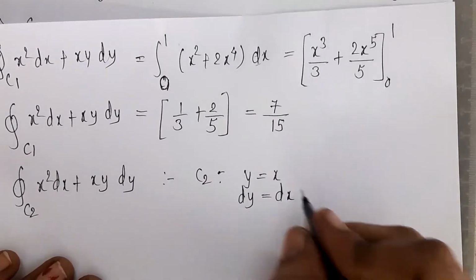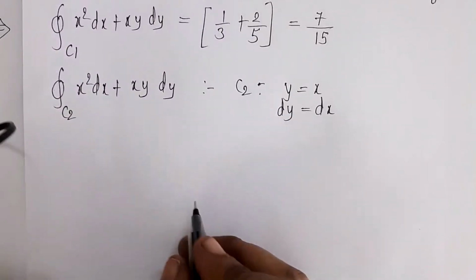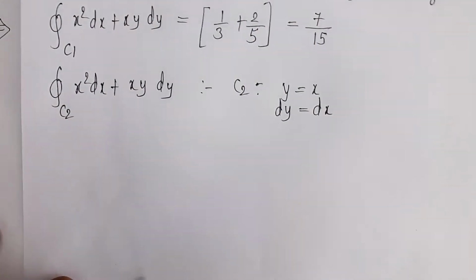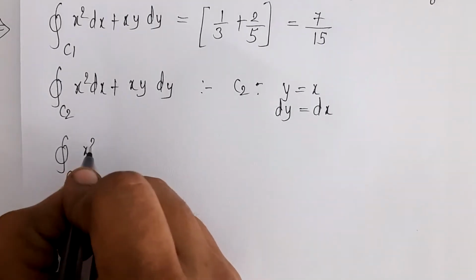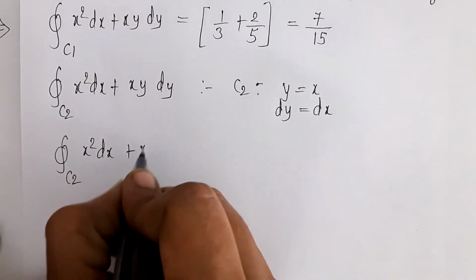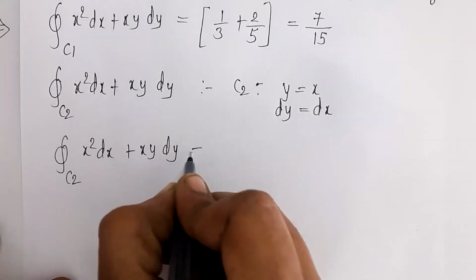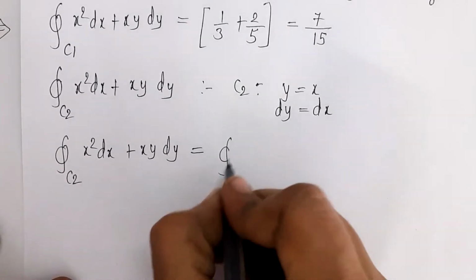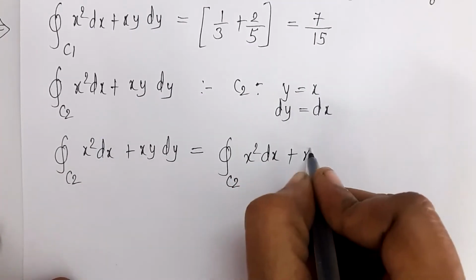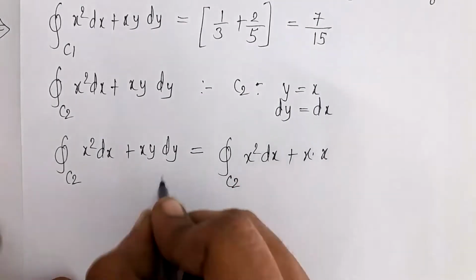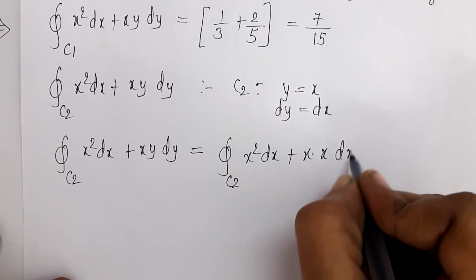Now substitute in this integral over C2. It becomes the integral over C2 of x² dx plus x multiplied by x, and dy is dx.